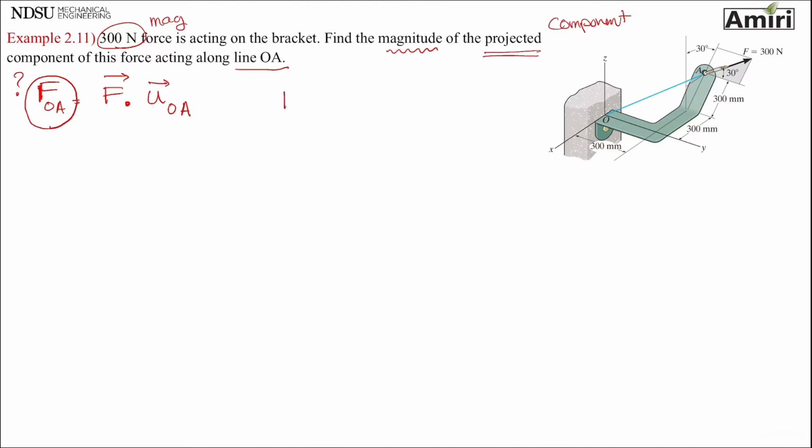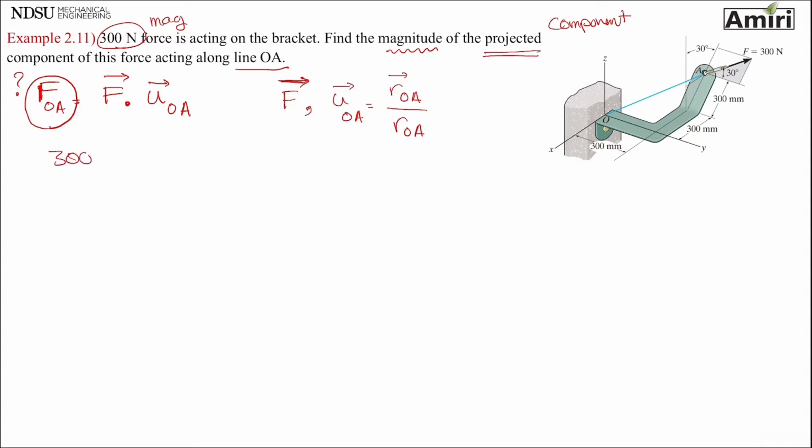We have to find F as a vector. Of course, we have the magnitude of it, but we don't have it as a vector. And we have to find the unit vector of OA, which of course means position vector OA divided by magnitude OA. Okay, let's first transfer F into a vector.